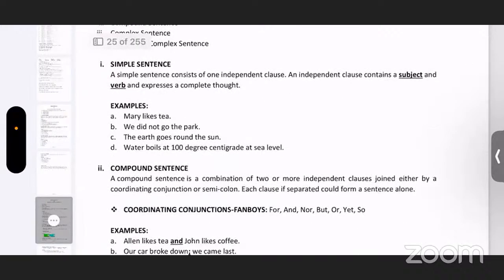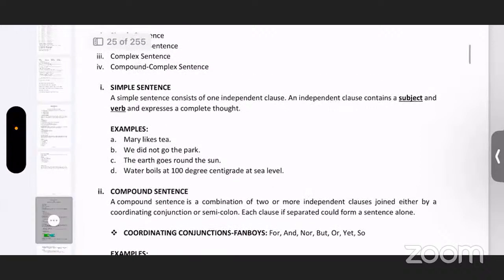Then we'll have the complex sentence. A complex sentence is one having the principal clause attaching to the subordinate clause, which is assisted by the principal clause for its meaning. We have discussed that in the previous class.